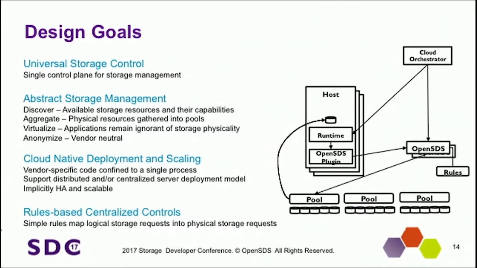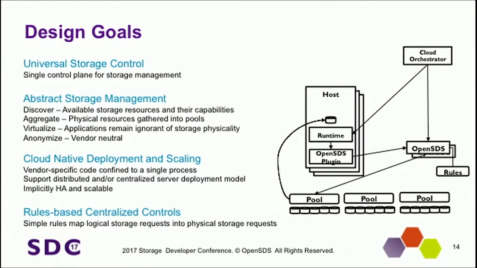Now, in terms of how we started, you have to have some goals. So these were the design goals we started with. The first one is, of course, a universal storage control plane. That's what we have to offer. The other thing is that we want to abstract out the storage management so that it is vendor agnostic.